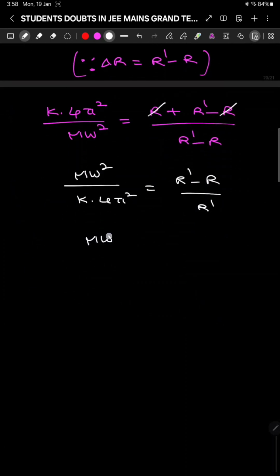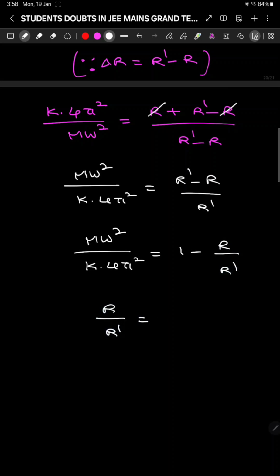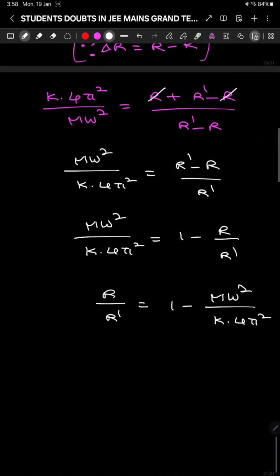So m omega square by k 4 pi square, taking LCM separately, means 1 minus r by r dash you will get. So r by r dash equals, bringing to the left, 1 minus m omega square by k 4 pi square. Now do LCM and write r dash as subject. That's your answer.